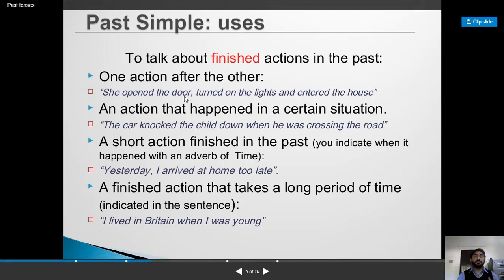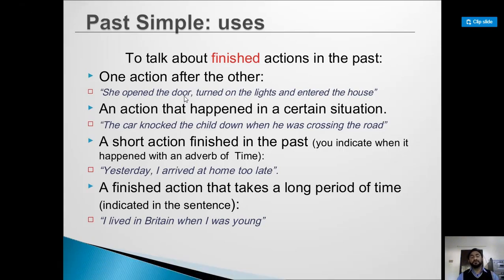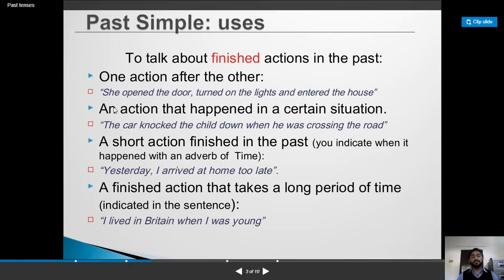Here the actions are happening one after another. So in order to express this sort of activity, we use the past simple, the past indefinite tense.